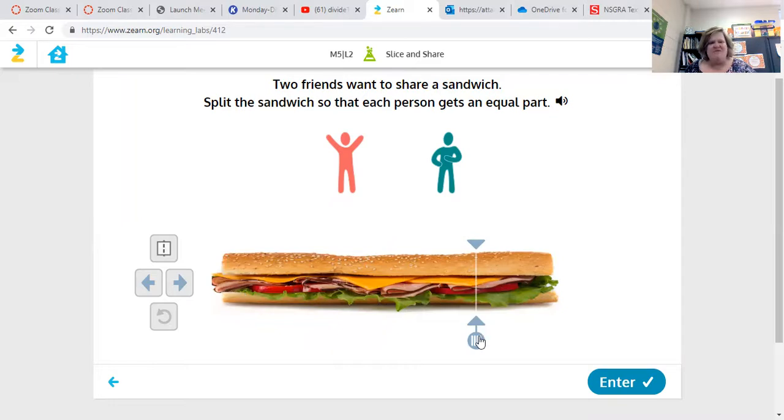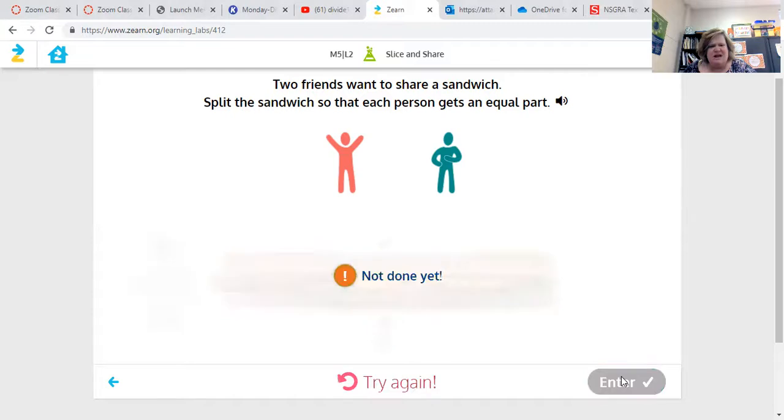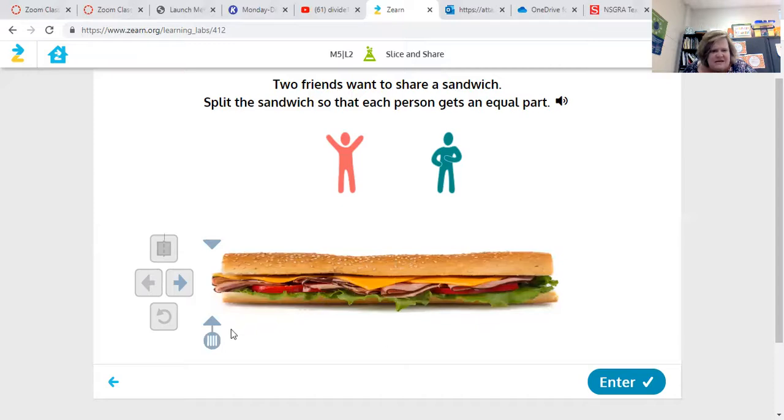No, that's not half. So when we're splitting this sandwich into equal parts for 2 people, we're talking about just 2 pieces. I'm going to put it about right there because I think that's close to half, but it says not done yet. Let's see what it says to do. Not done yet. I wonder if I have to cut it with this. Let's see.